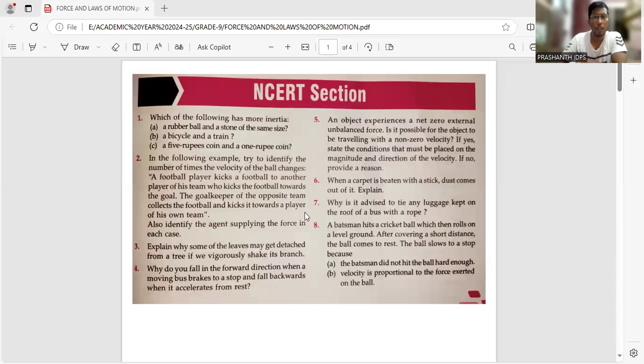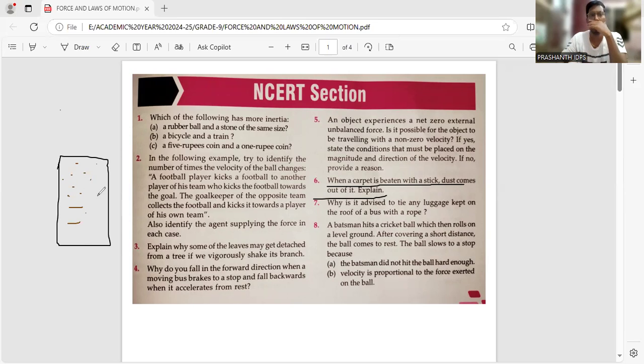The next question is, when a carpet is beaten with a stick, dust comes out of it. Explain. Very simple question. Imagine there is a carpet, and just consider that these are the dust particles which are stuck onto the carpet.